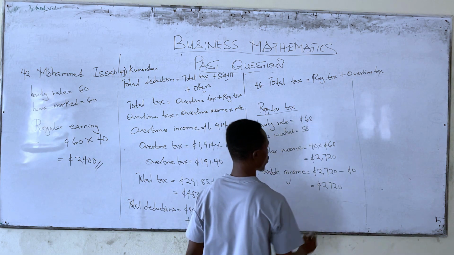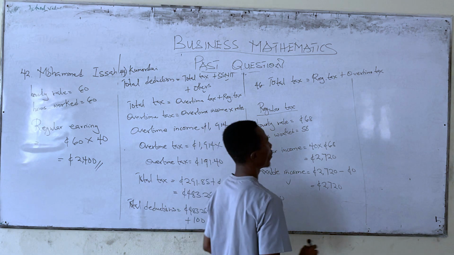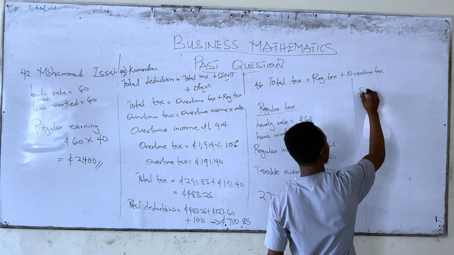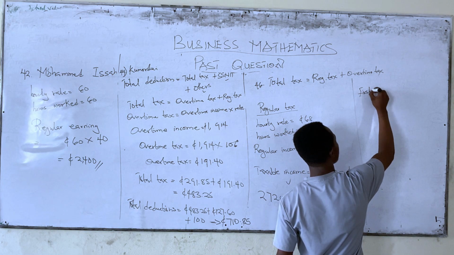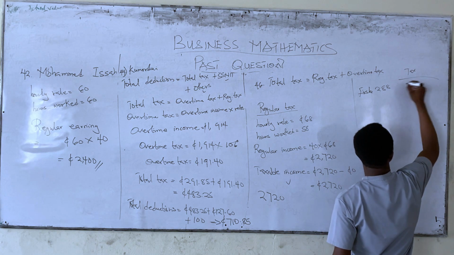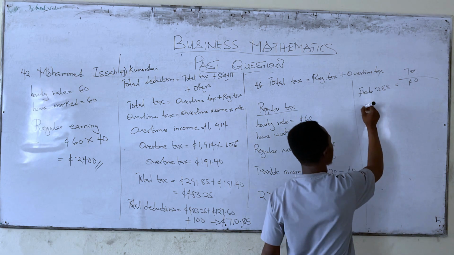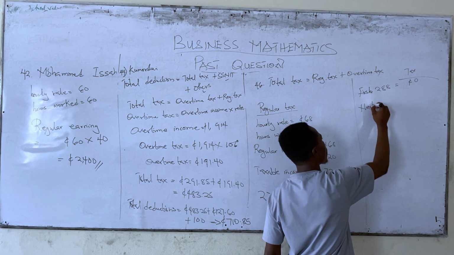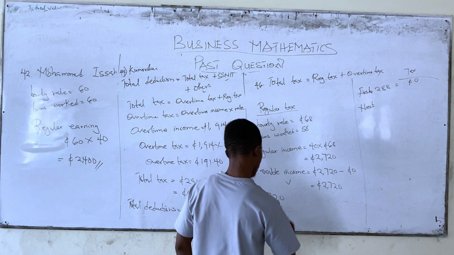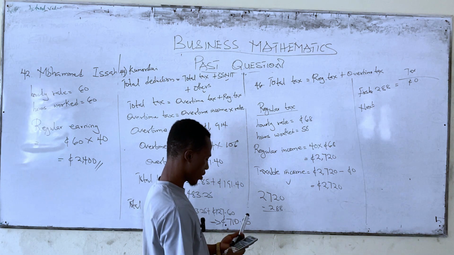So the amount is 2720, right? For our first 288, the tax is going to be 0 Ghana cedis. Then we subtract 288 from here, and what is remaining?